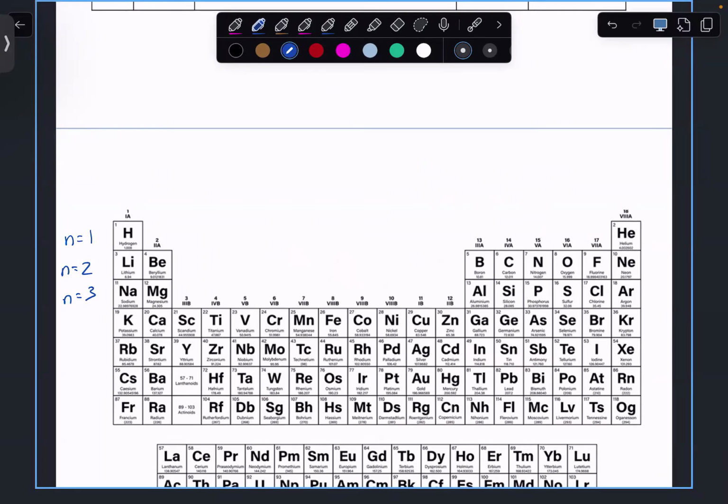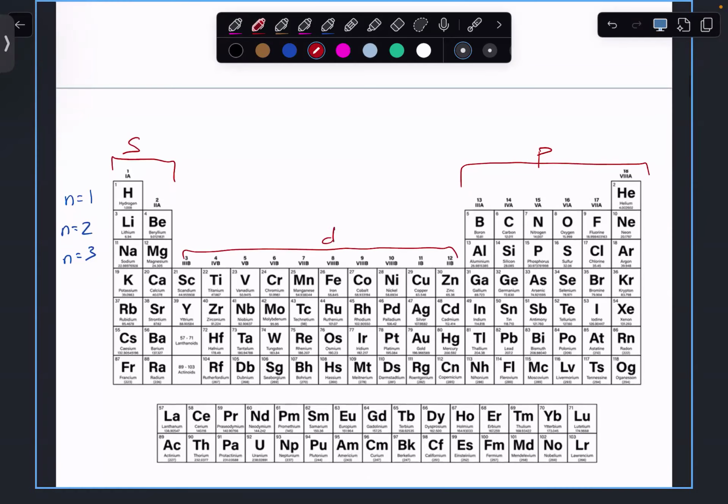So that would be the S block, the P block, the D block, and the F block. But again, we don't ever care about the D and the F. We're going to be focused on the S's and the P's.